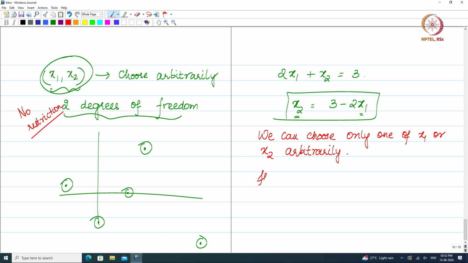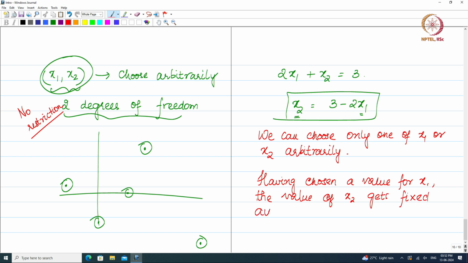Having chosen, let us say, a value for x1, the value of x2 gets fixed automatically.